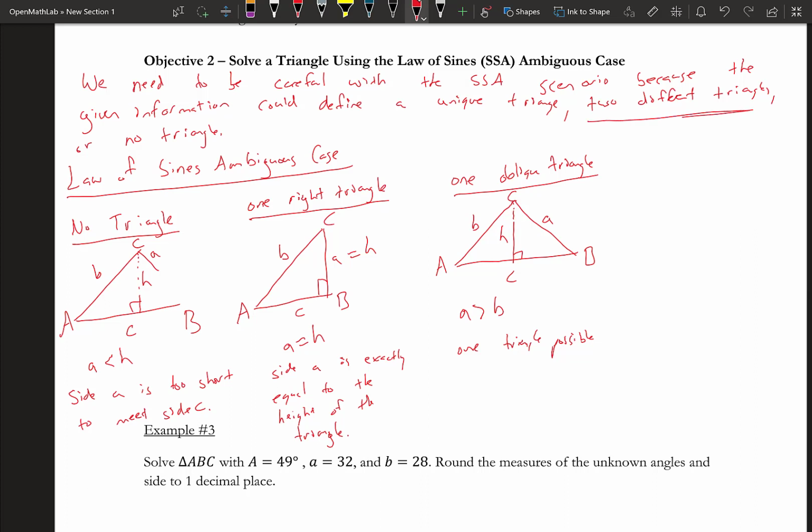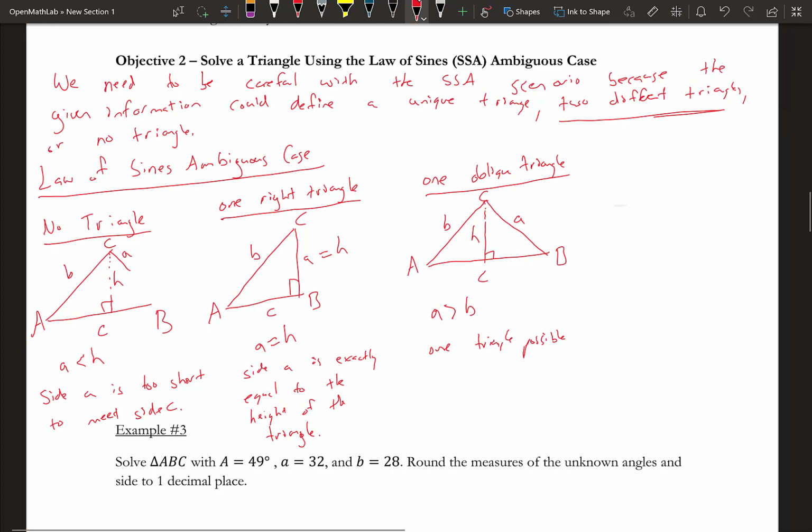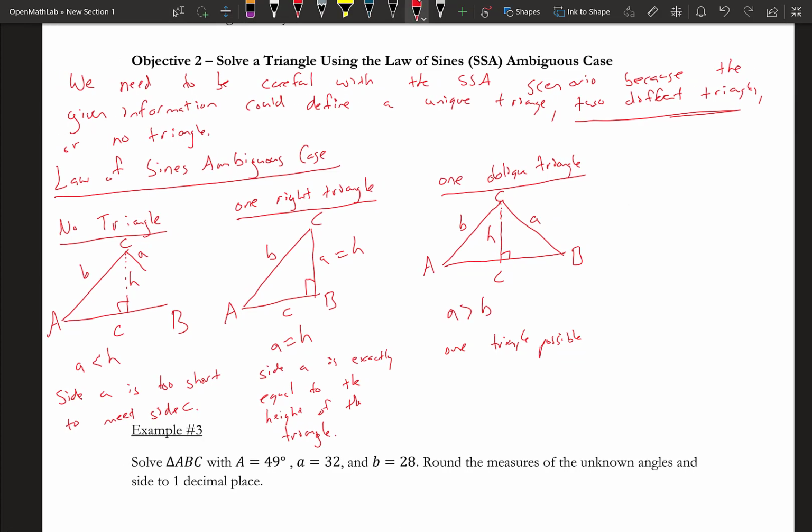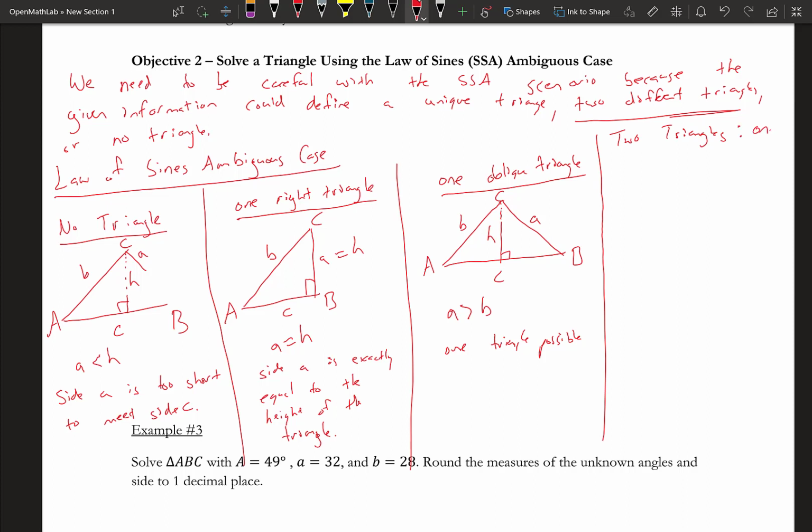And then notice the other thing that could happen is we have two different triangles. So let me show you that case. So we could have two triangles, one acute and one obtuse triangle possible.